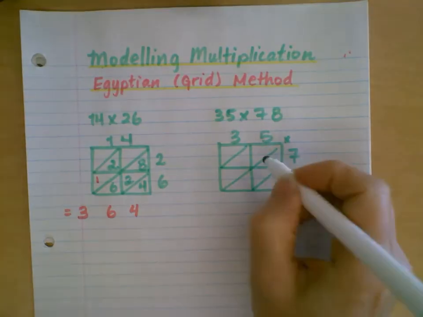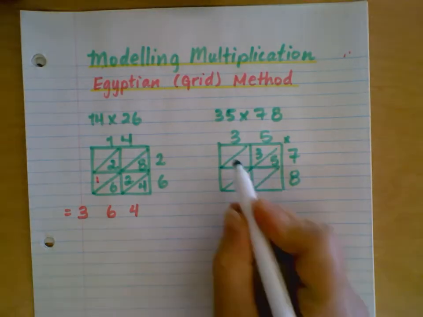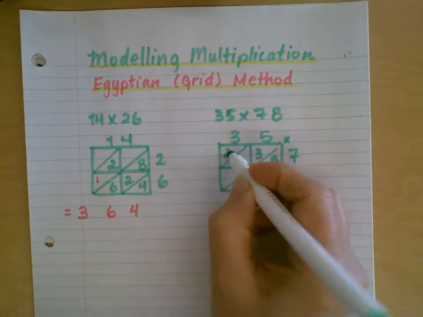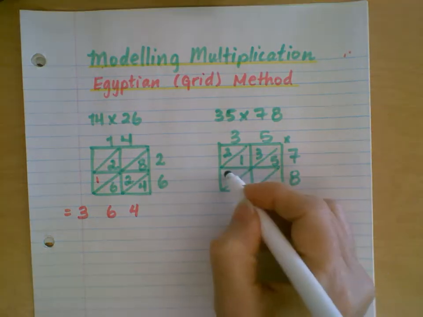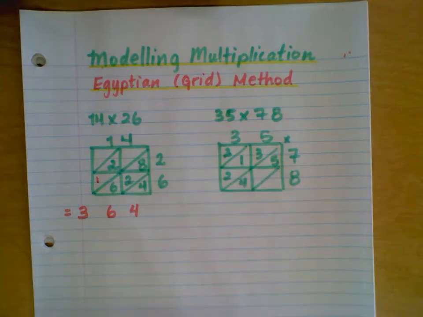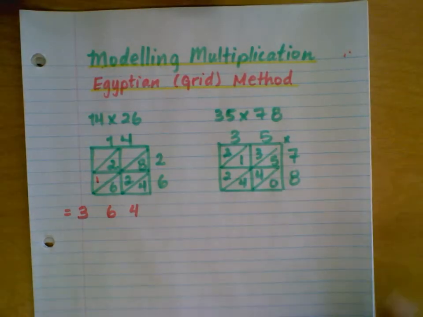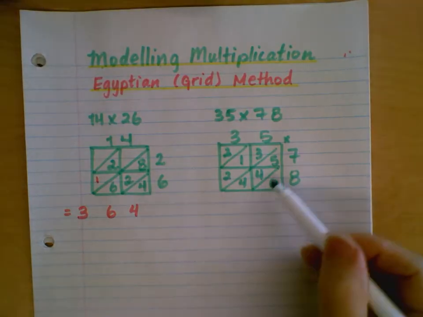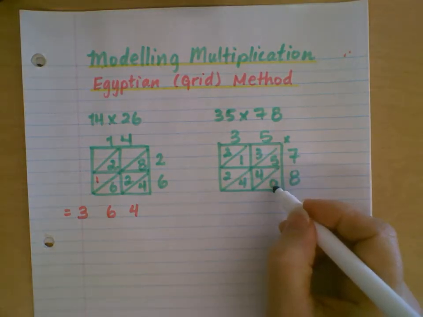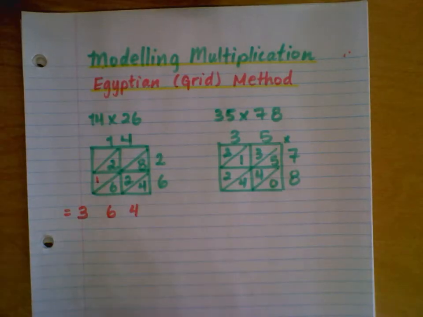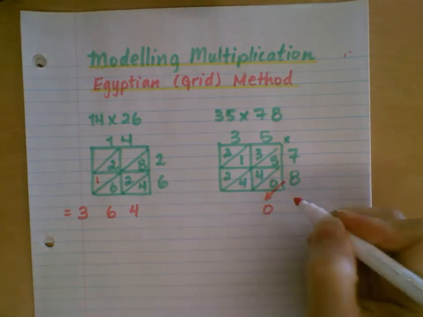Now, 5 times 7 is 35. 3 times 7 is 21, so the 20 goes above the line and the 1 below. 3 times 8 is 24. And 5 times 8 is 40. And then again, we're going to add, going from the top right to the bottom left. So in the ones position, I have 0. Okay, so it's reading like this.